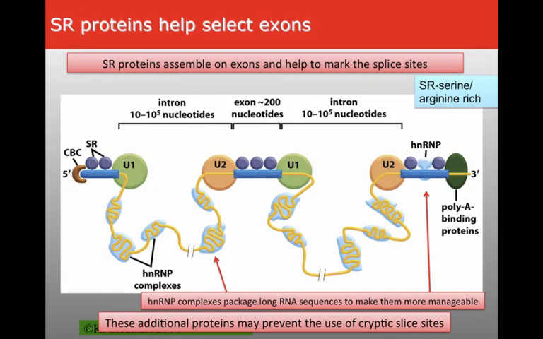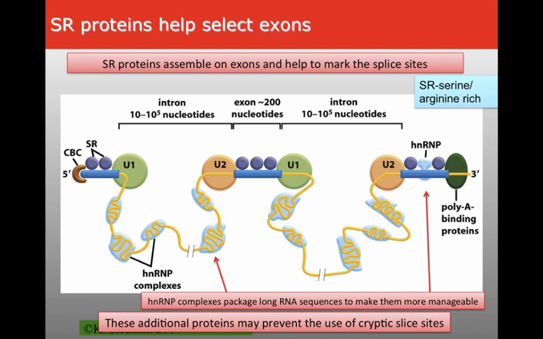How do you know, again, to do these things? The consensus sequence is not very well conserved. So to do this, you need many other proteins, and those are particularly the SR proteins. And just SR because they've got lots of serines and arginines in each of these proteins. So these proteins bind specifically to exon sequences, and they're also usually called exon splice enhancers.